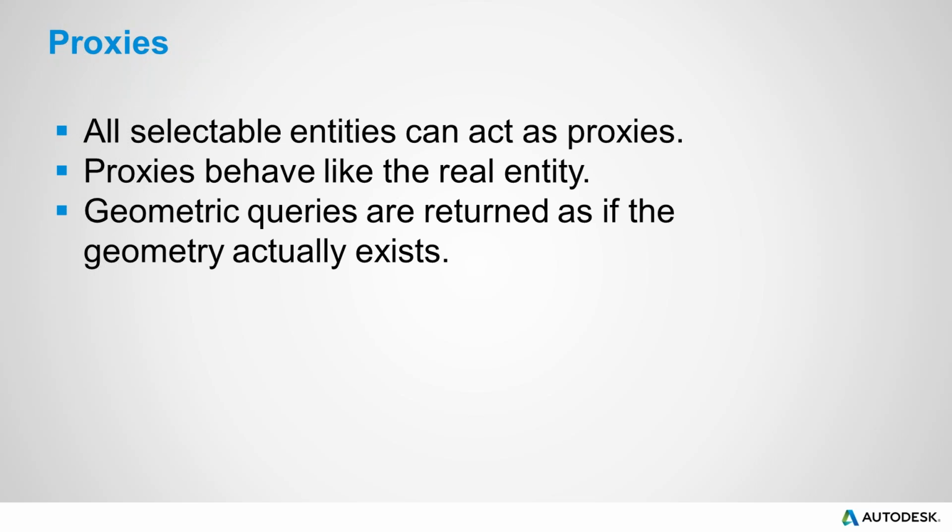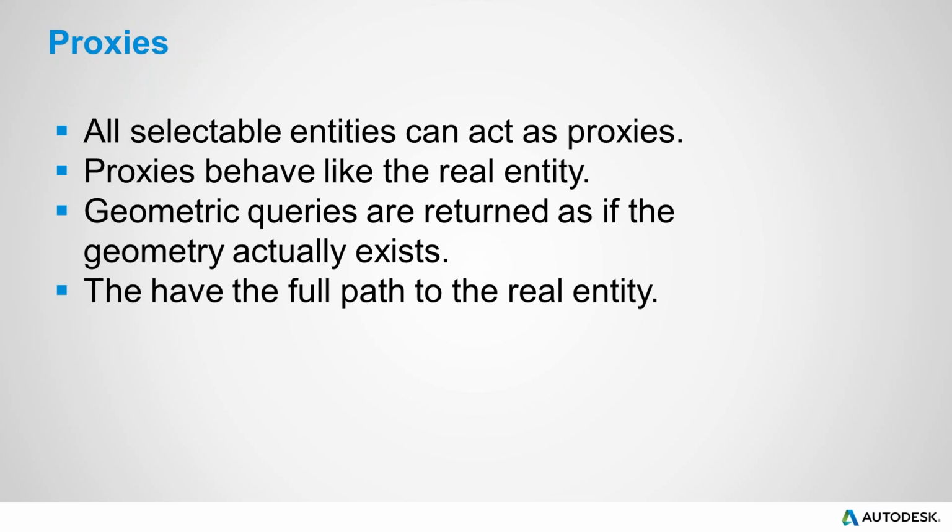So there's just a face, and that face can behave as the real face, or it can behave as a proxy. So how proxies work is they know about the real object, in this case that face, and then they also know about the path. And I'll show you some examples of what I mean by path, but it's the occurrence path to get to that geometry.